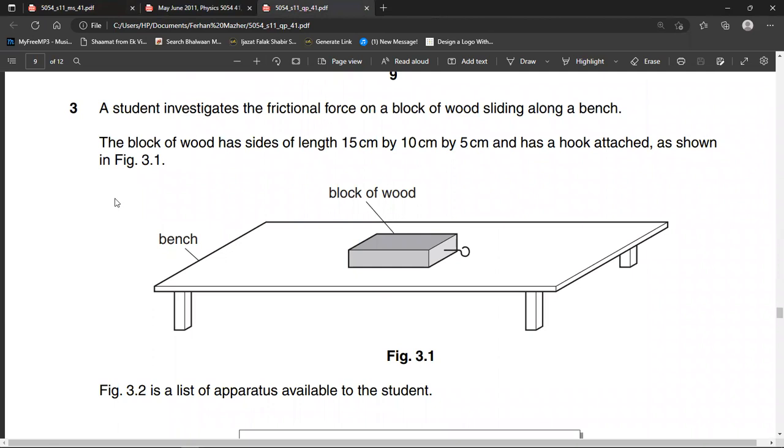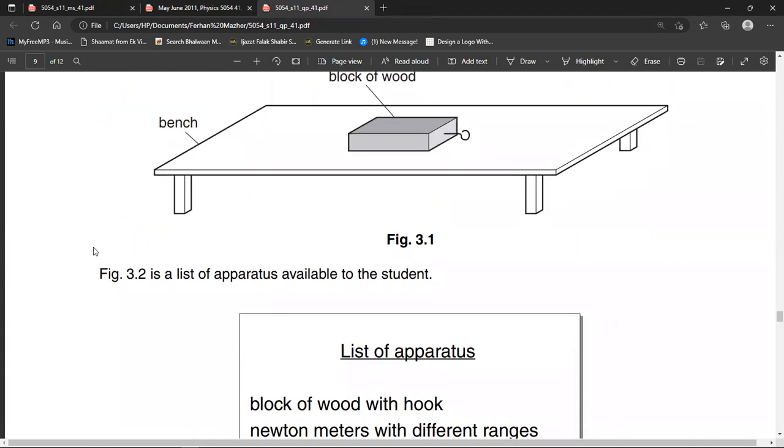Okay, a student investigates, that's question number 3 of this paper. A student investigates the frictional force on a block of wood sliding along a bench. The block of wood has sides of length 15 centimeter by 10 centimeter by 5 centimeter and has a hook attached as shown in figure 3.1.